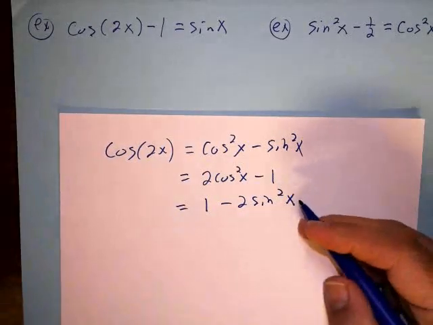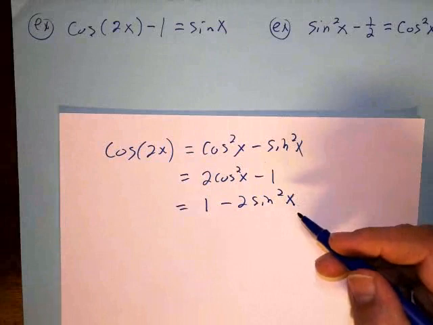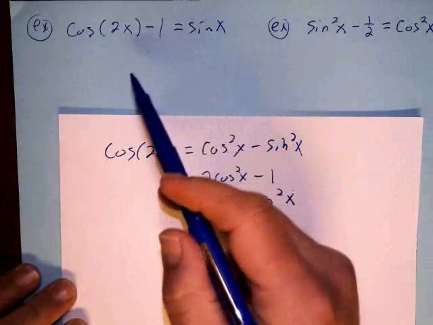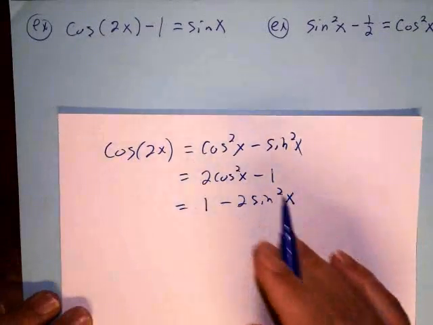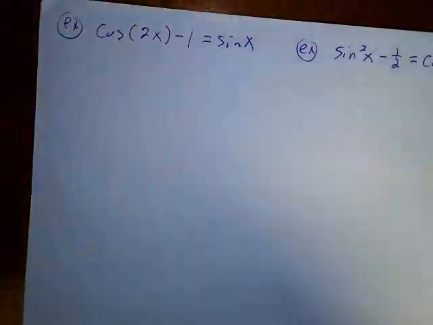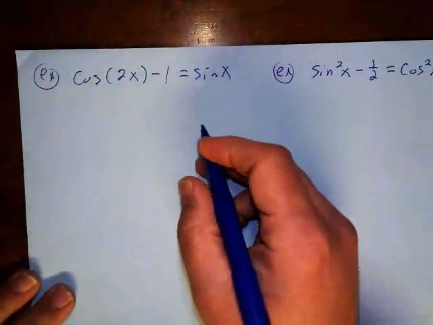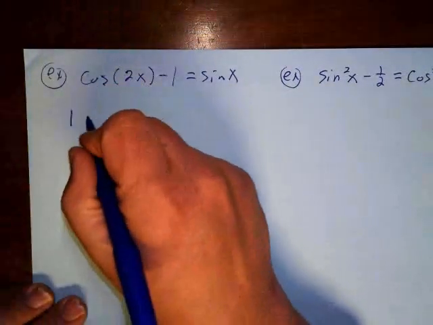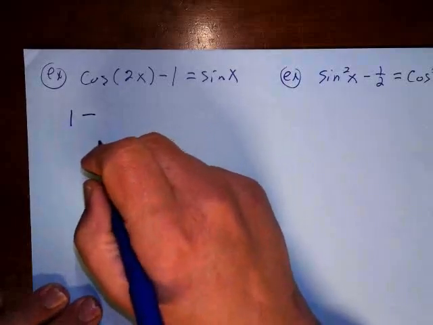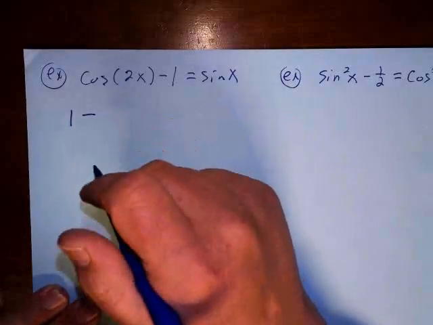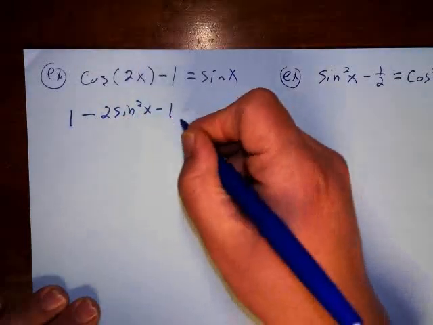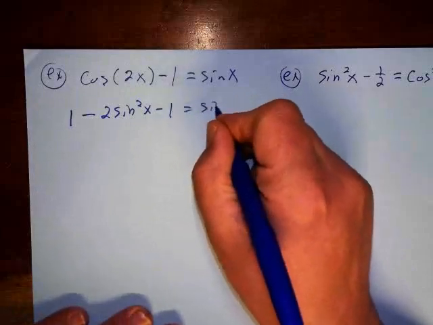You could probably do multiple things, but when I look at this, I'm thinking this one would be most helpful, because I would have everything in terms of sine. It'd be like an equation of the quadratic type. Everything would be in terms of sine. So I'm going to choose that one. So this I could write 1 minus 2 sine squared x minus 1 is equal to sine x.